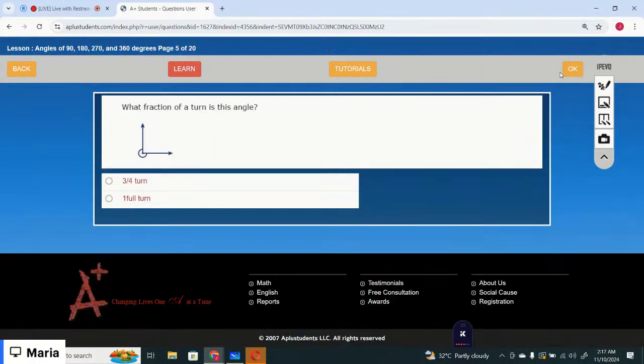What fraction of a turn is this angle? Which is the correct option? 3/4 turn it is, right? Option number one is the correct option, that is 3/4 turn.